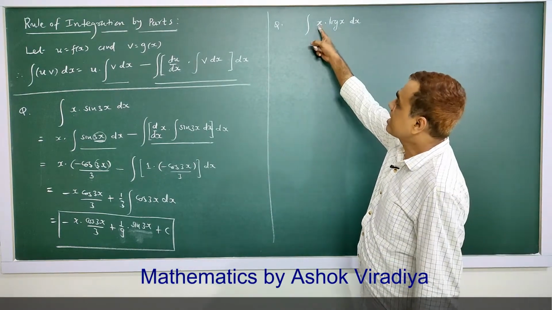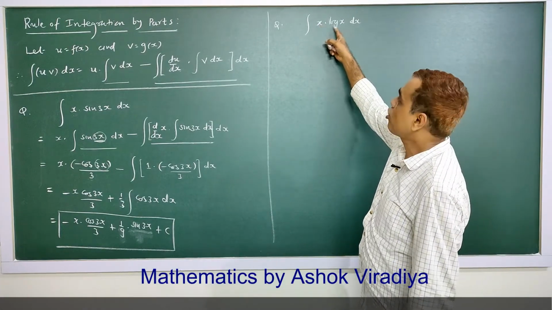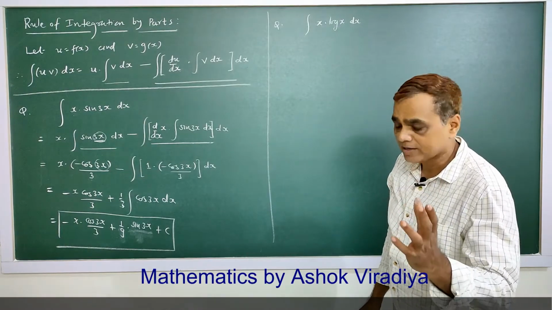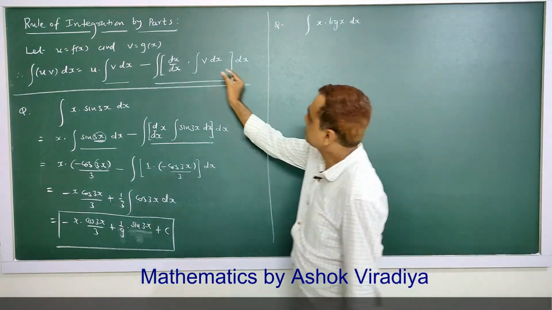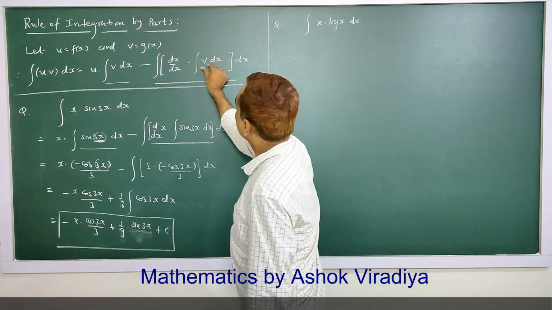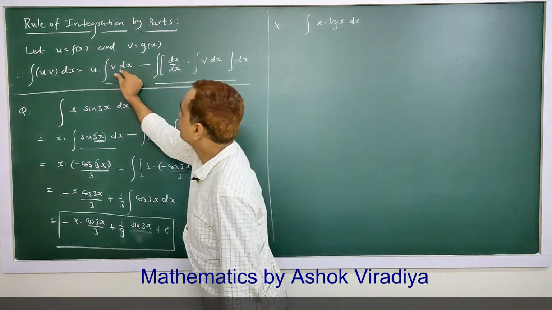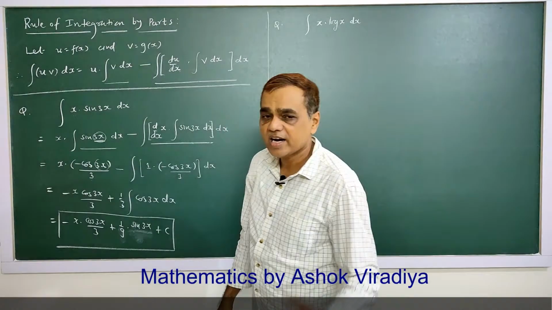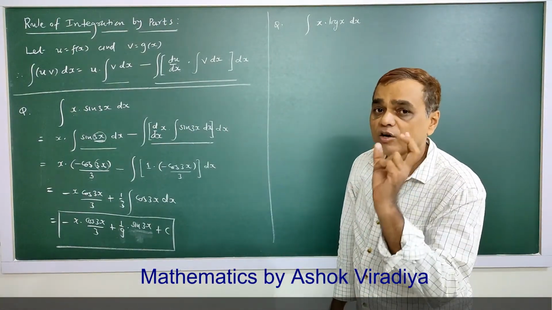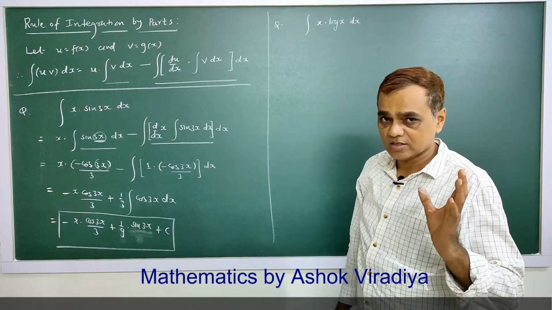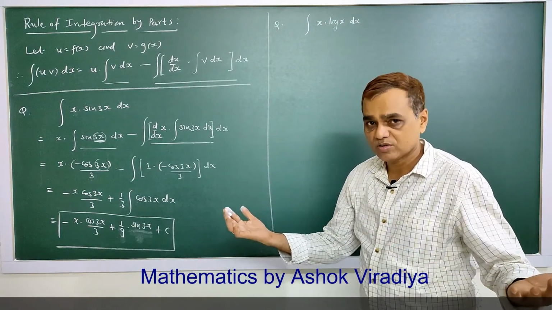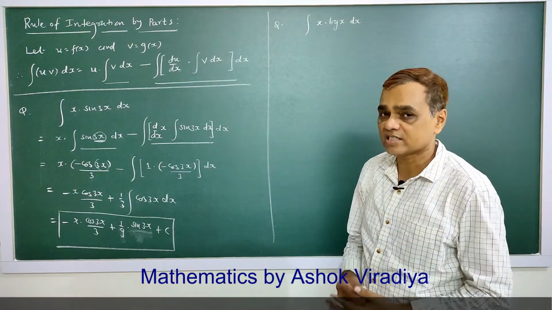If you consider x as u and log x as v, then what will happen? If you suppose log x as v, then you have to put the integral of log x here. And we don't have a formula for the integral of log x. So then the procedure will stop because we don't know what the integral of log x is.